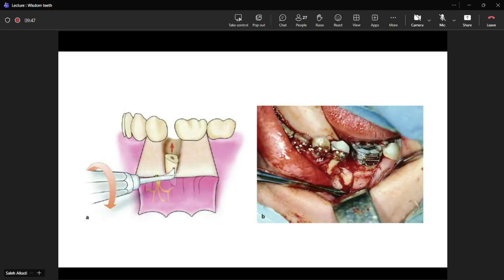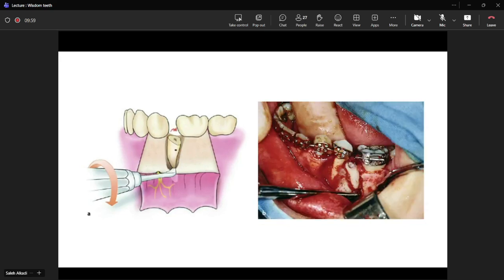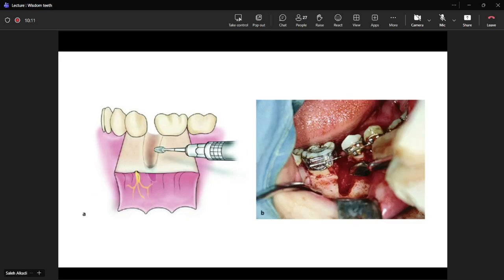As you can see here, the purchase point is created. Then using a Cryer elevator, you remove the remaining root occlusally. You mobilize it occlusally, and for the final movement, you put either a straight elevator or a Cryer elevator at the tip of the root, and then you have it out.